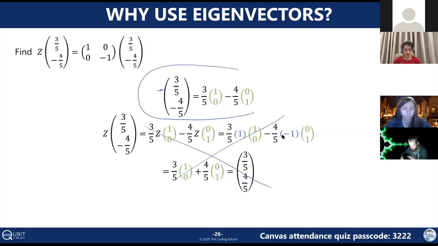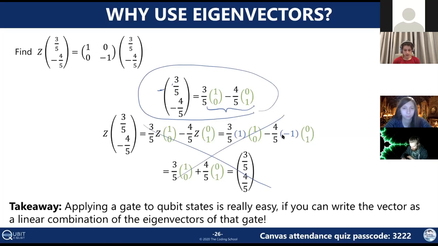Just look here. We're decomposing this into these two eigenvectors. And when we do that, we immediately know the results of the Z gate times these eigenvectors, because we know they're eigenvectors of the matrix. We know that this will just give us a 1 times it, and this will just give us a -1.